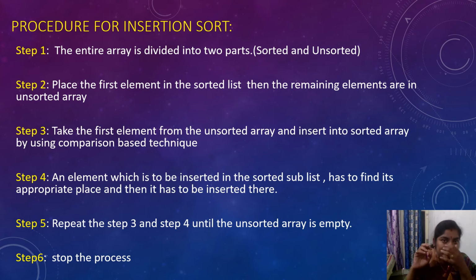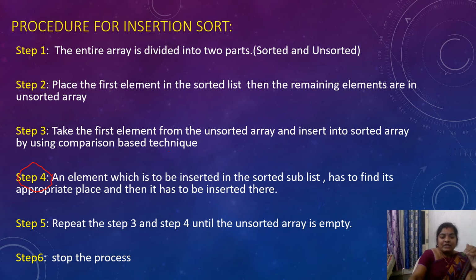The main important thing is, after placing the first element of the unsorted array into the sorted list, how does that first part of the list become sorted? That is why the fourth step is most important.